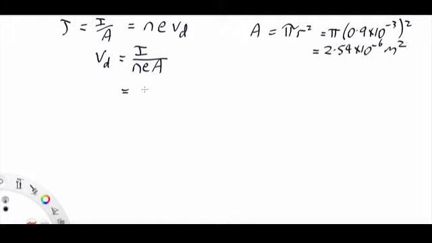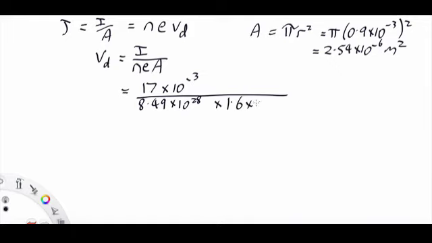So our drift velocity is 17 milliamps over n, that we worked out being 8.49 by 10 to the 28 electrons per cubic metre, times the charge on each of those, 1.6 by 10 to the minus 19 coulombs, times the area there being 2.54 by 10 to the minus 6.